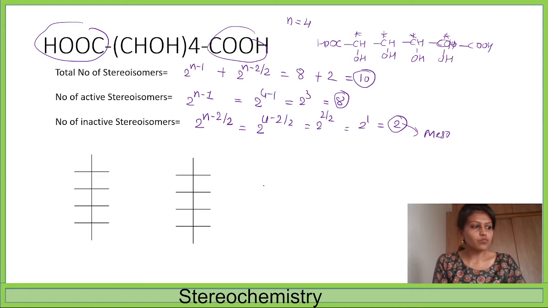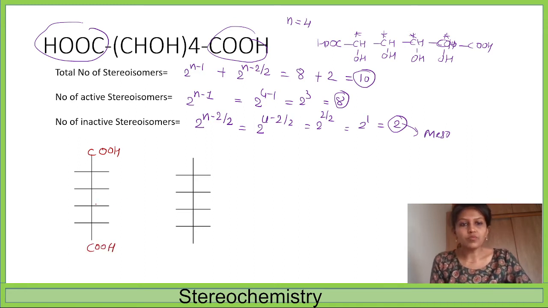Now first of all I will draw the optically inactive stereoisomer, that is the meso compound. Okay, so I am putting COOH, COOH. So a meso compound has a plane of symmetry, right? And so suppose I draw the plane of symmetry, and it is optically inactive.